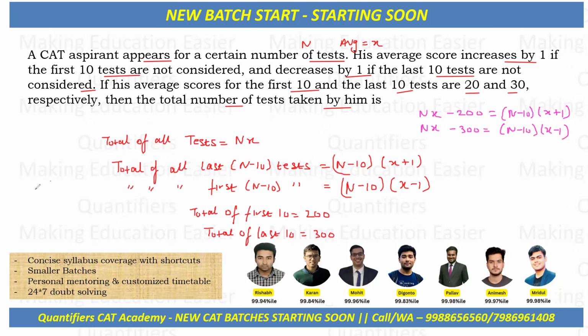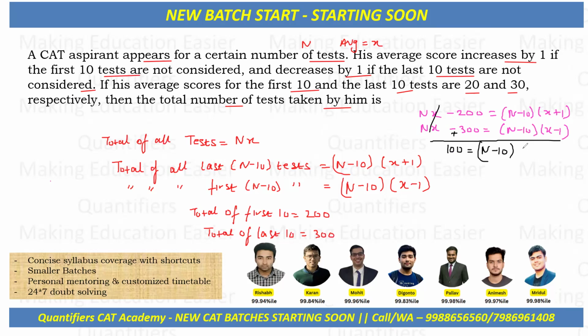Now mind you, if you subtract the two equations, if I subtract the second equation from the first, you will see nx gets cancelled. Minus 200 plus 300 will give us 100. Right, students, I have subtracted the second equation from the first, correct. Then n minus 10 will be common, and along with it we'll get x plus 1 minus of x minus 1.